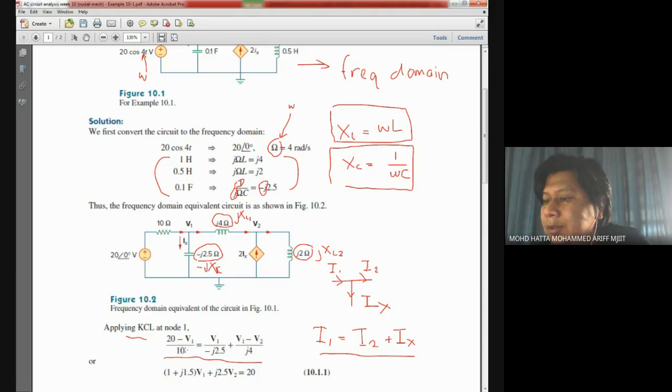I2, the current over here, is given by V1 minus V2 divided by j4. And IX, the current going downwards, is given by V1 divided by this negative j2.5 ohm. So this equation is basically based on the basic node equation, or current coming in and out of node number 1.